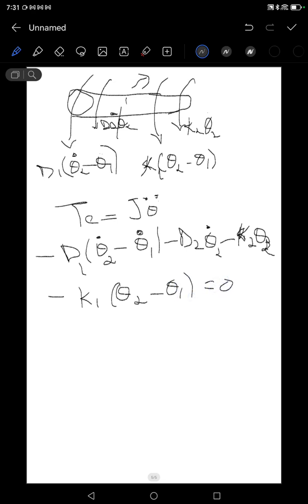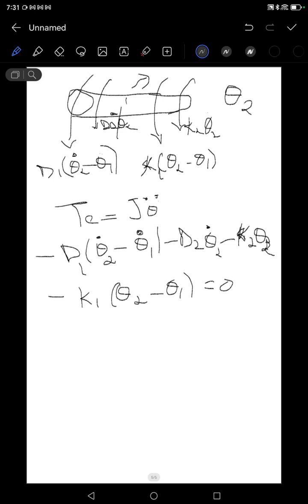Remember, on theta 2 we don't have inertia, and we also don't have torque.